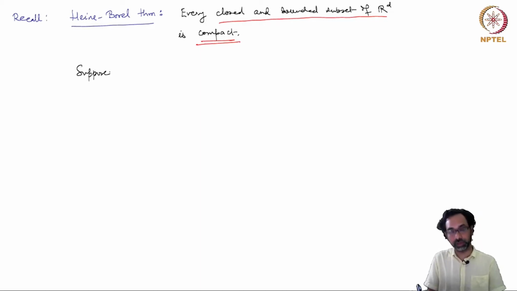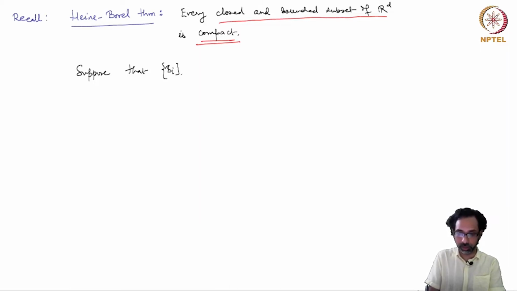Let's see first how we will apply this. So suppose that this covering that we used, B_i, i equal to 1 to infinity, used to cover E, consists of only open boxes.